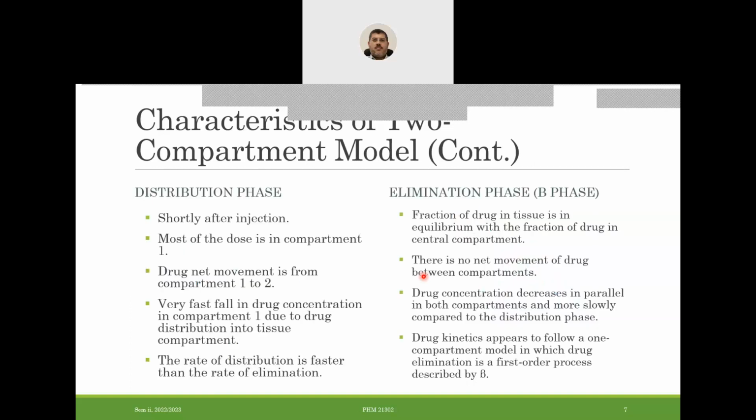So we make a rapid comparison, based on the information that we mentioned, between the distribution phase and the elimination phase. When it comes to timing, the distribution phase occurs first, shortly after injection. But the elimination phase occurs later on, once there is equilibrium between the fraction of drug in the peripheral and central compartments. In the distribution phase, most of the dose is in compartment 1.